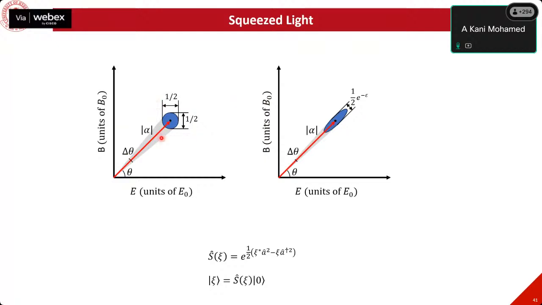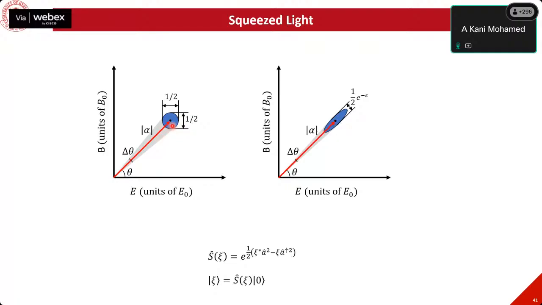So this is a coherent state having an uncertainty of 1/2 in its quadrature. This gives the phase uncertainty, which is 1 over 2 square root of the mean photon number.